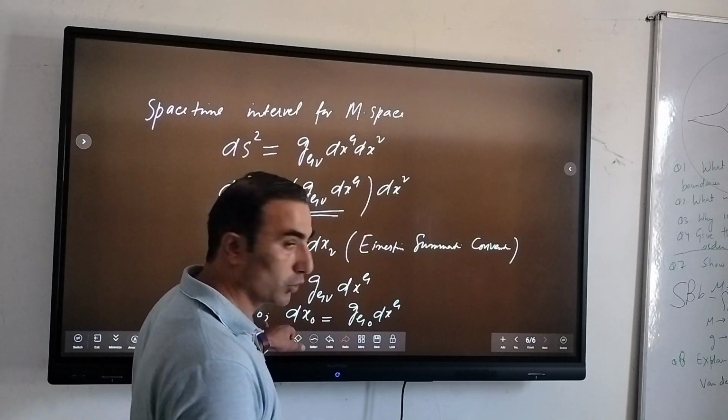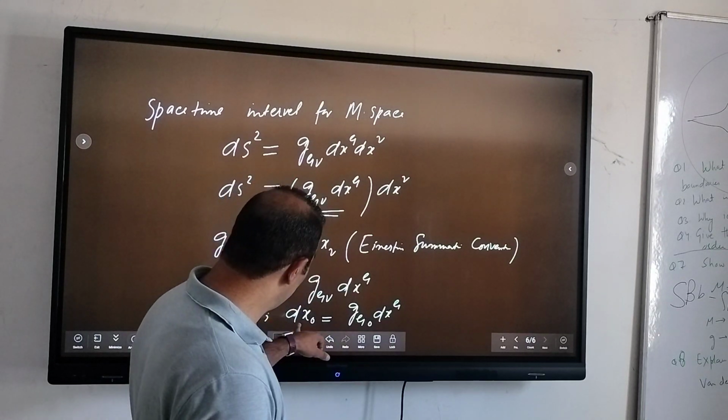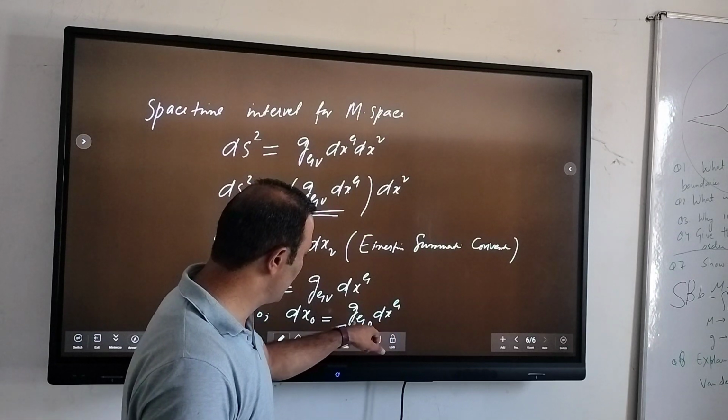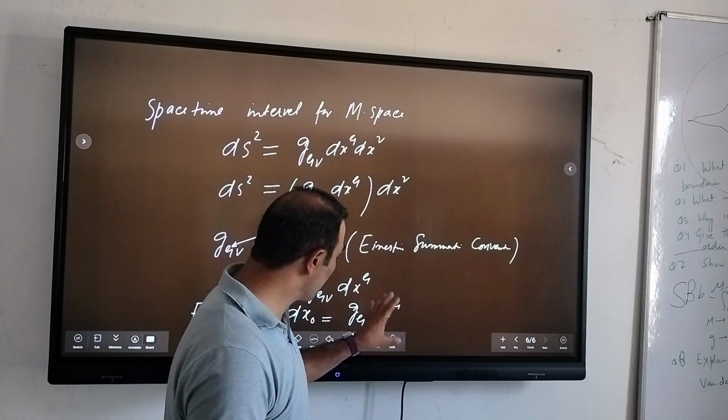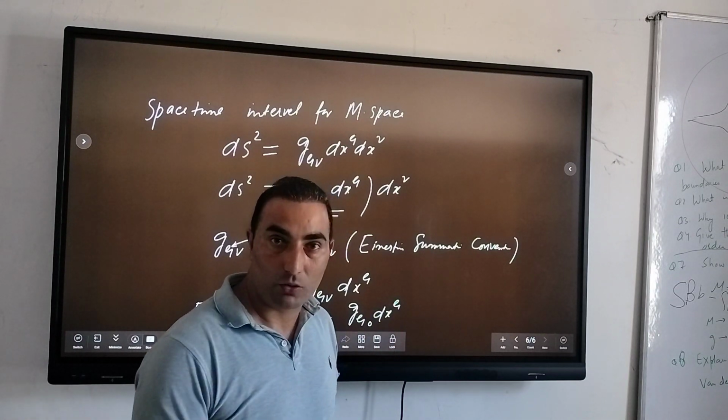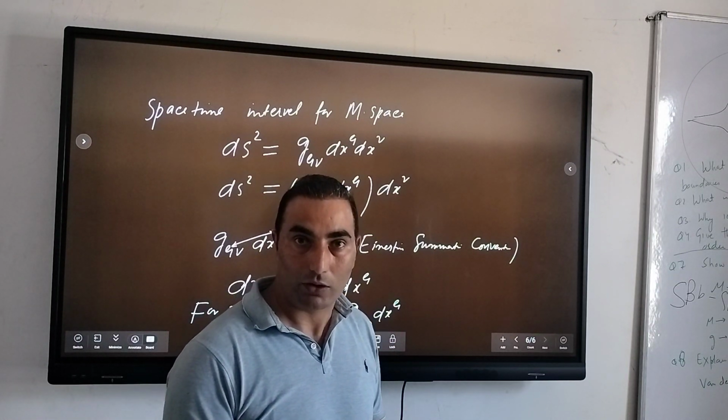Because we need to put mu equal to 0, this will be g_00 dx^0 plus g_01 dx^1, right? What are the possible values of this nu? It can take nu equal to 0, 1, 2 and 3, right?